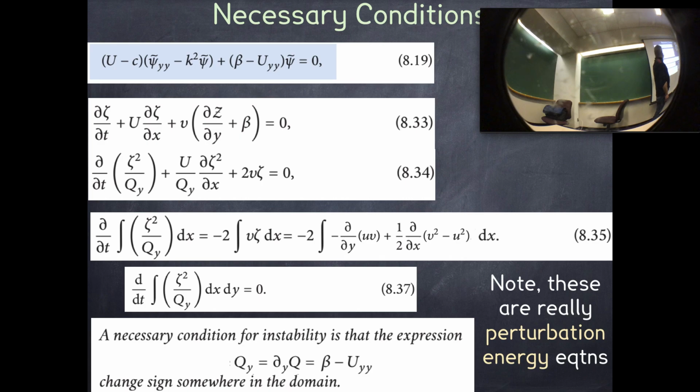And then V is multiplied by zeta, and the other two terms are one-half, so it just puts it on there. Okay, so that's where this equation comes from.